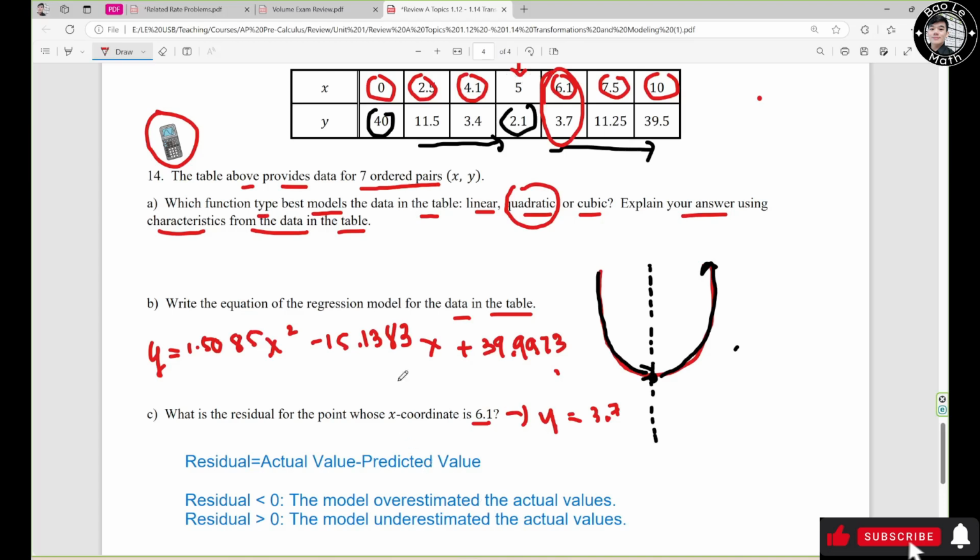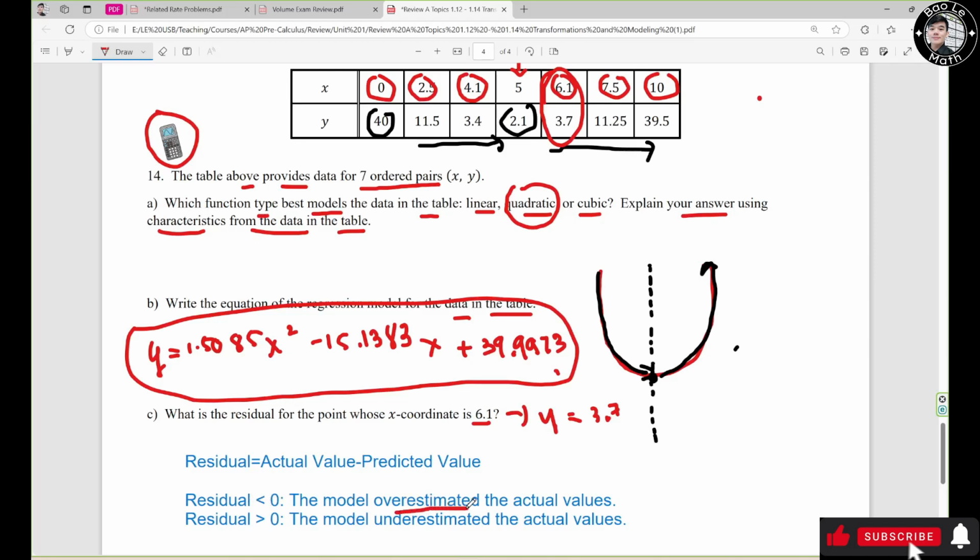The predicted value is the one we need to calculate using the formula right here, right? If the residual is less than 0, the model overestimated the actual value, which means the predicted value is bigger than the actual value, right? Now, if the residual is greater than 0, the model underestimated the actual value, which means the actual value is bigger than the predicted value, right?